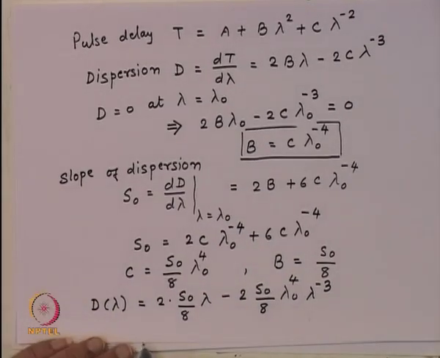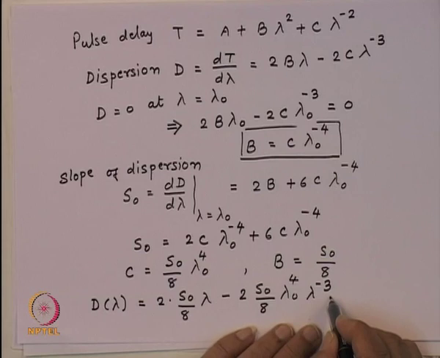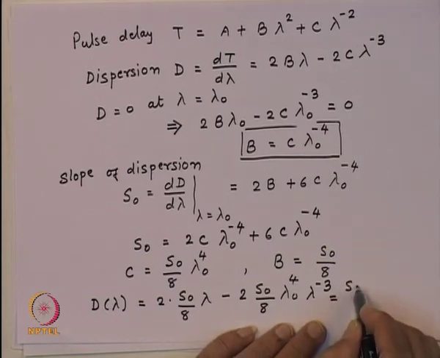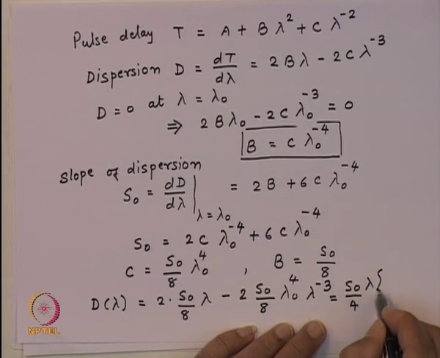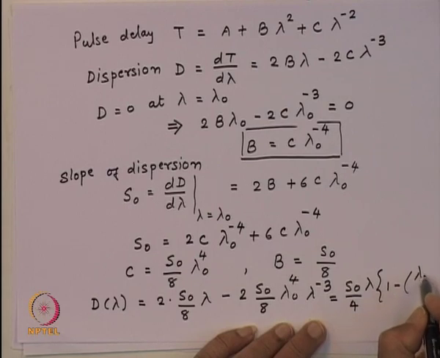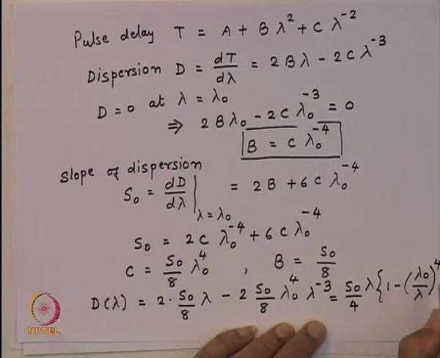If I just simplify this, I will get the final expression, which is S 0 upon 4 into lambda, 1 minus lambda 0 upon lambda to the power 4.